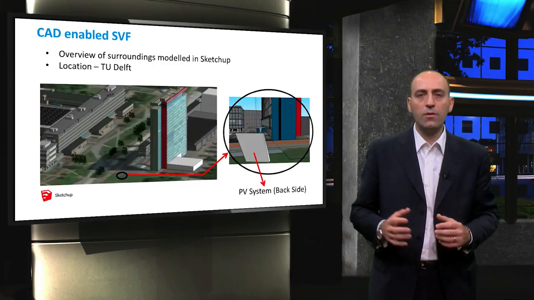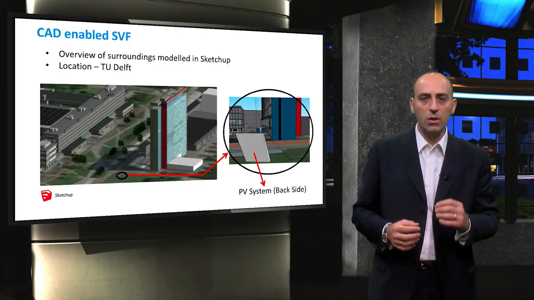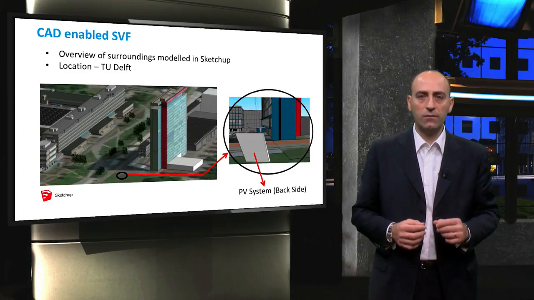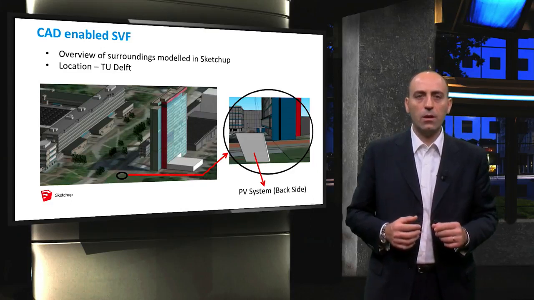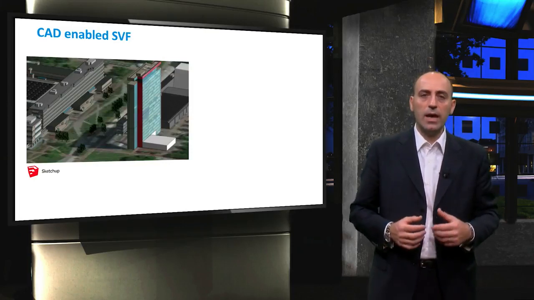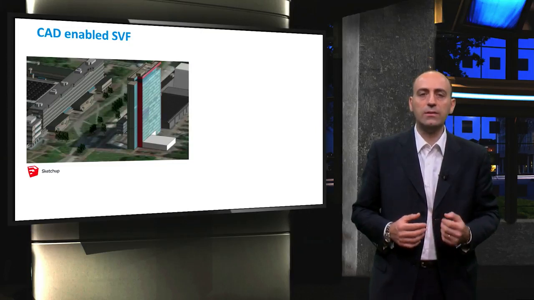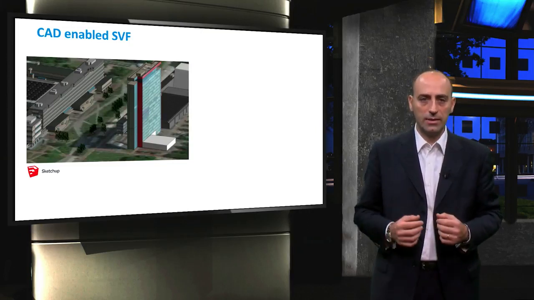For example, the figure shown here is a 3D model created in SketchUp for a certain location inside the TU Delft campus. Once the PV system and the surrounding environment is modeled, a plugin called LSS Chronolux can be used to calculate the Skyview factor for the modeled landscape.